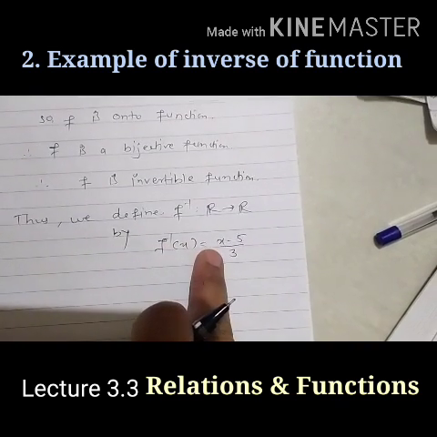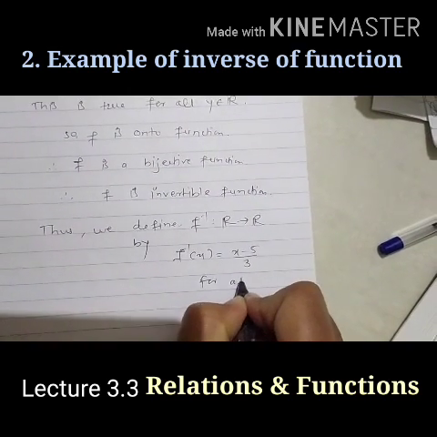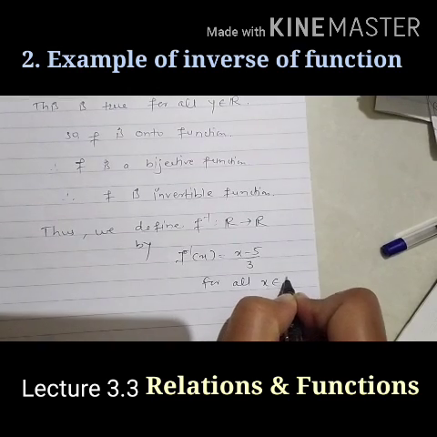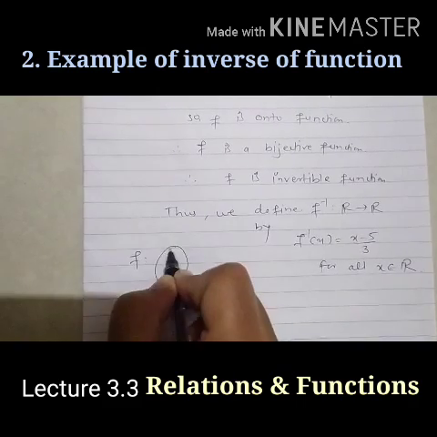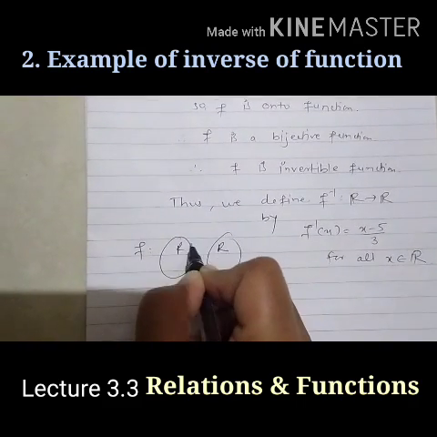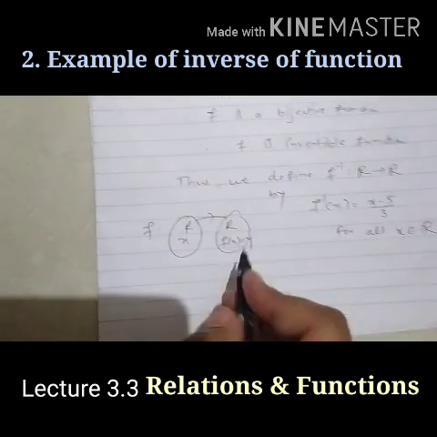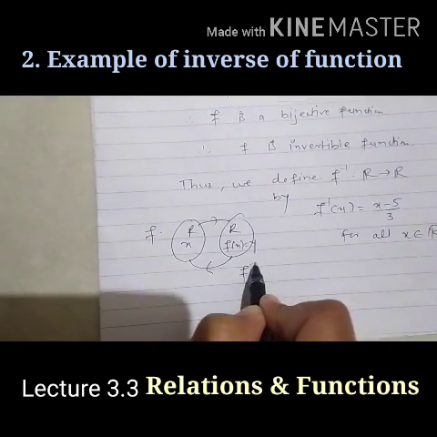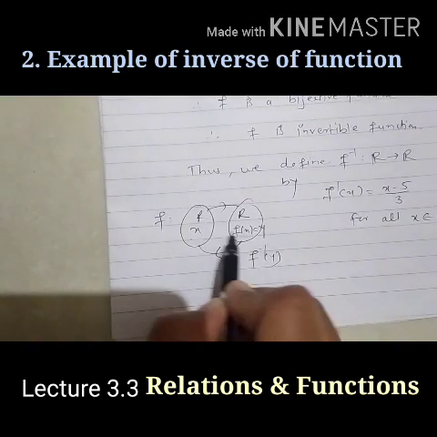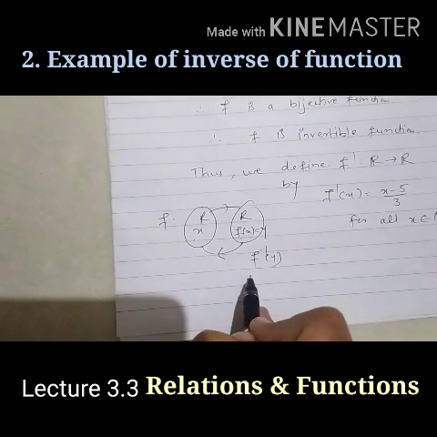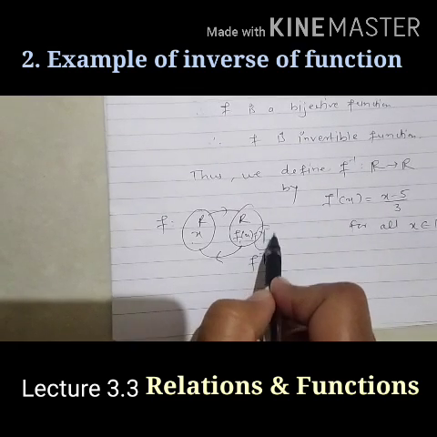f inverse of x equals (x minus 5) by 3 for all x belonging to the set of real numbers. See student, when we are defining f from R to R, here x is the input and f of x is the output. And when we are defining f inverse, so f inverse of y, when we take x equals f of x, a function in x. So here, when we are defining f inverse, now this will be the y element.